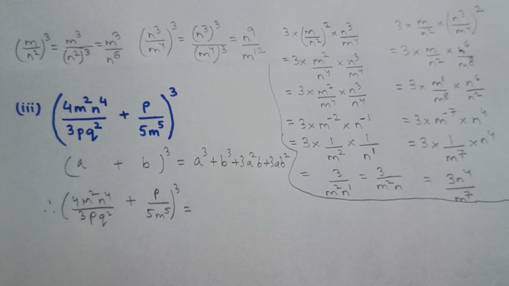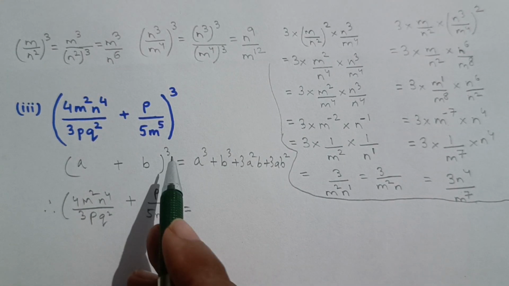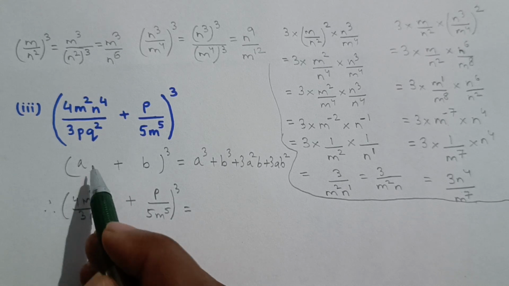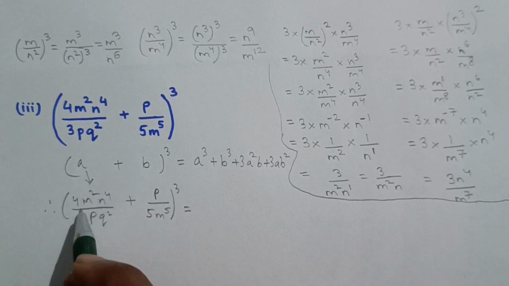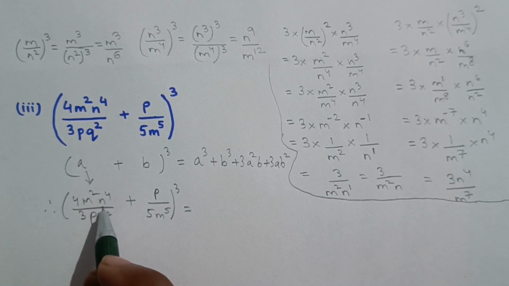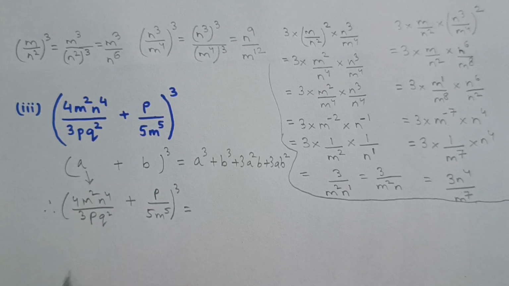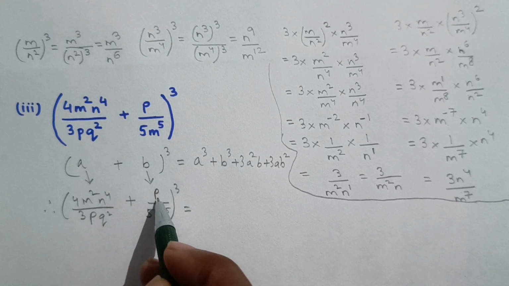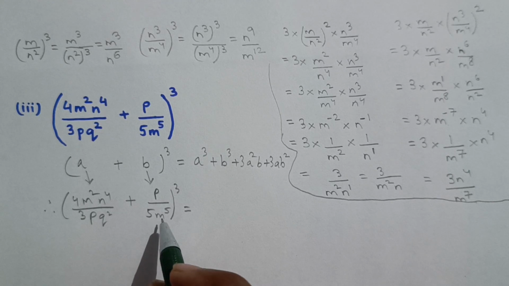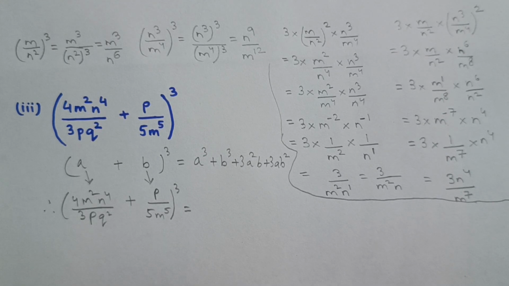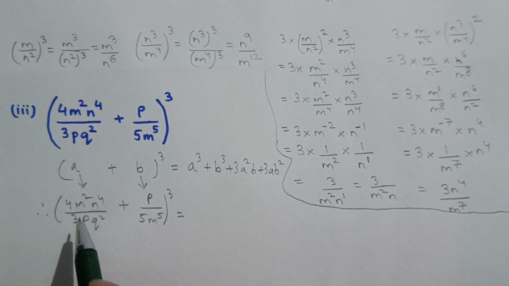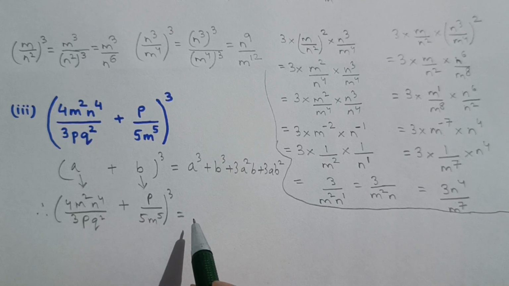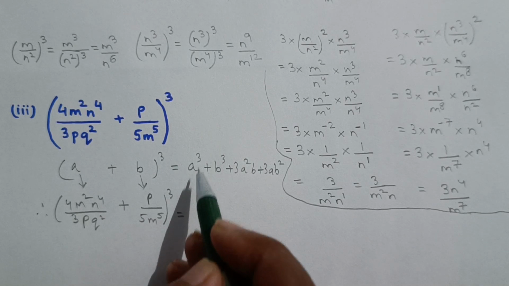If I compare (a plus b) whole cube with this expression over here, a corresponds to 4m square n to the power 4 upon 3pq square, and b corresponds to p upon 5m to the power 5. So the expression whole cube will be, now a cube.